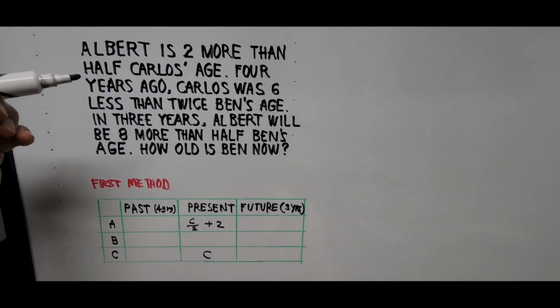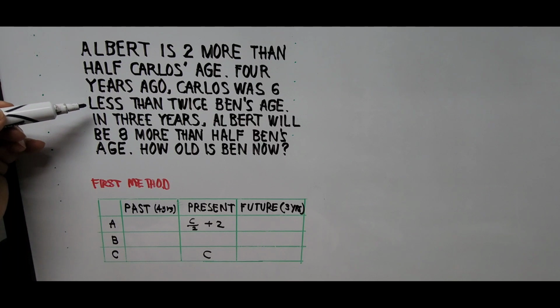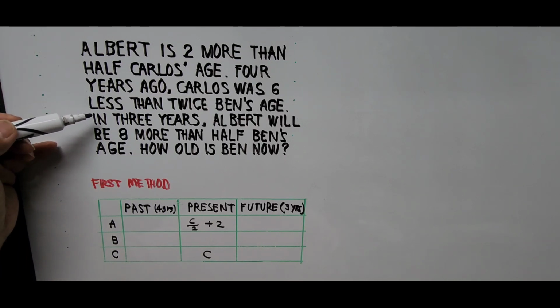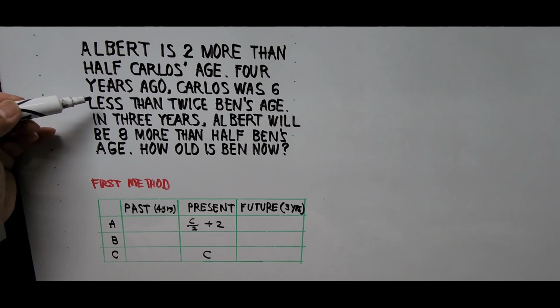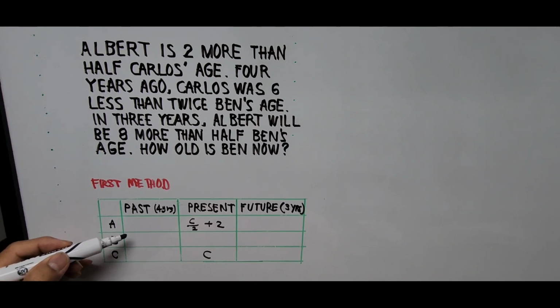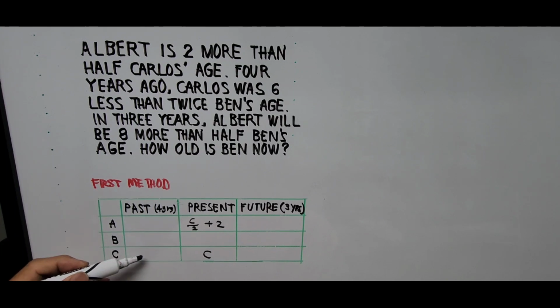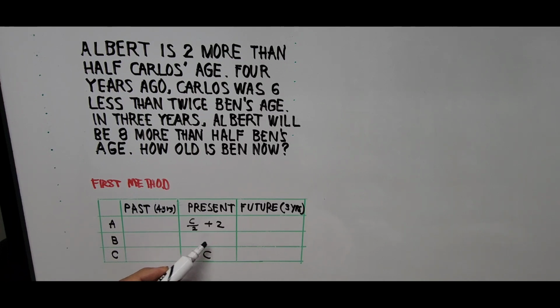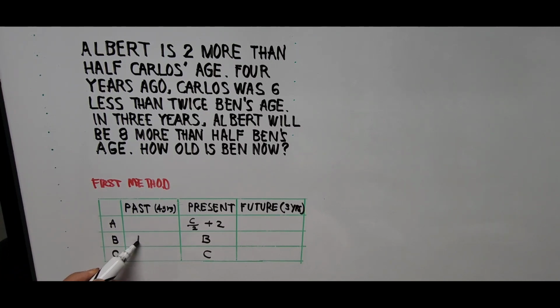And then referring to the second sentence, 4 years ago, Carlos was 6 less than twice Ben's age. So this refers to the past, 4 years ago. In this column, we're talking about Carlos in reference to Ben's age. So we put Ben's age in the present as B. Since we're referring to Ben's age in the past, that will be B minus 4.